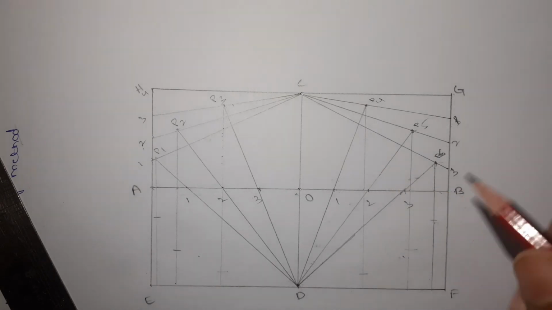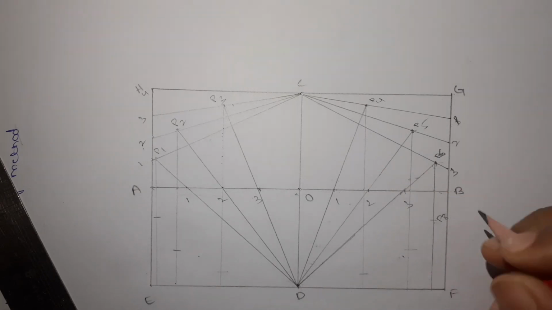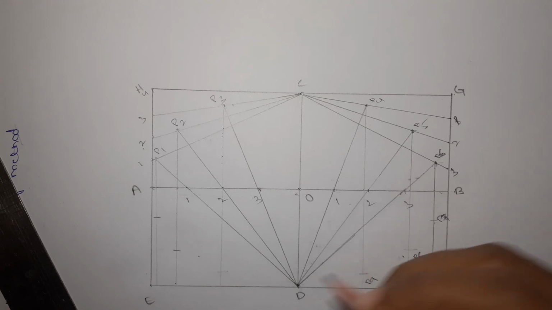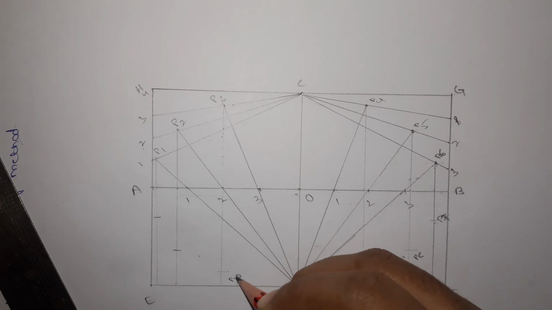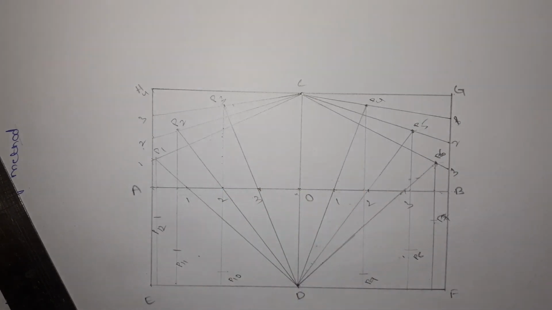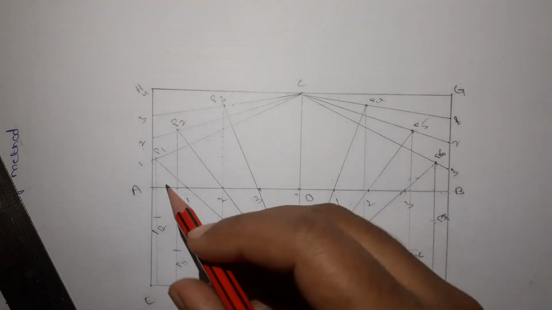Now name these points P7, P8, P9, P10, P11, P12. Now join all these points P1, P2, so on P12 from A.